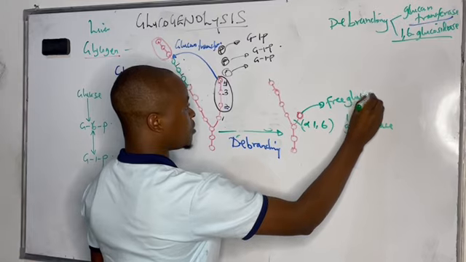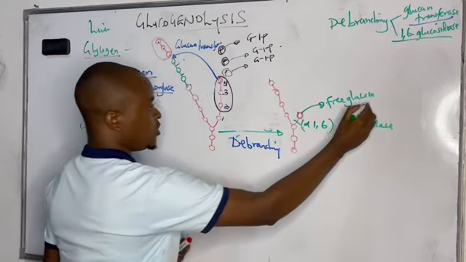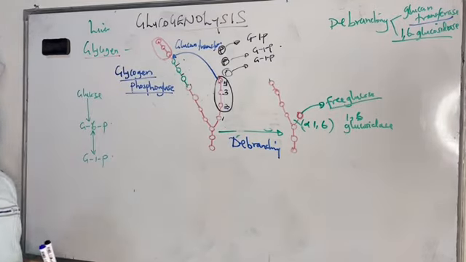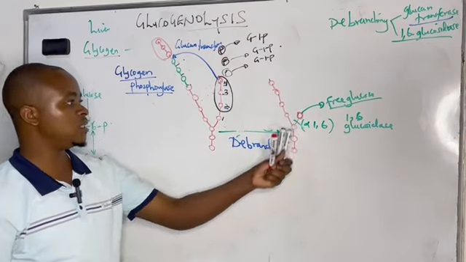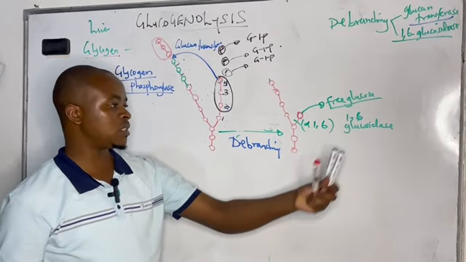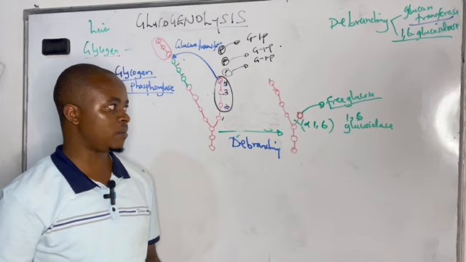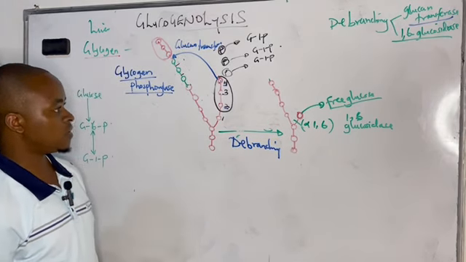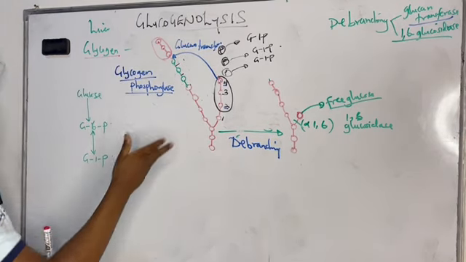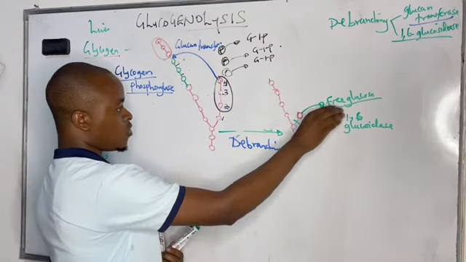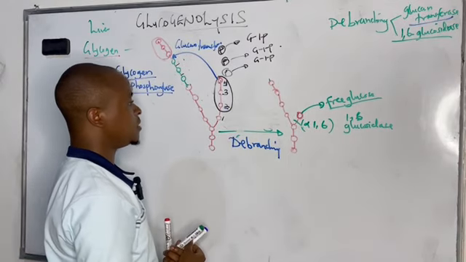And this free glucose is always ready for use. What releases the free glucose at the branch point is the 1,6-glucosidase enzyme.